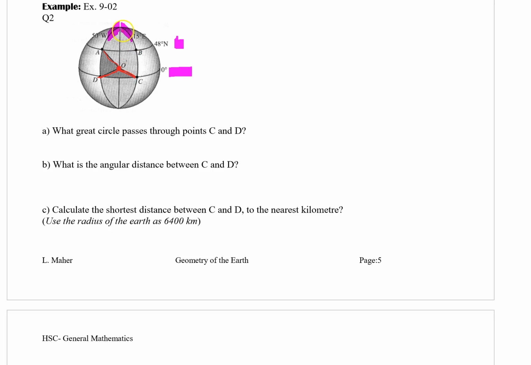What we can't see, but it's really important to realise, is occurring somewhere between these 50 degrees west and 15 degrees east. Somewhere in between, obviously, is Greenwich, our zero. So from Greenwich we go 50 degrees west, and from Greenwich we've gone 15 degrees east. So it's important to realise that Greenwich was not shown on this diagram.